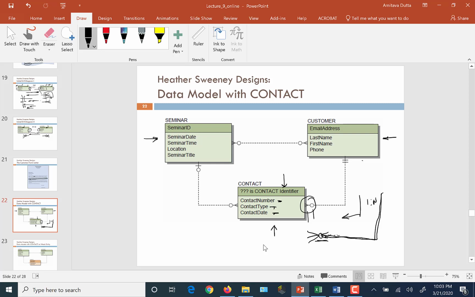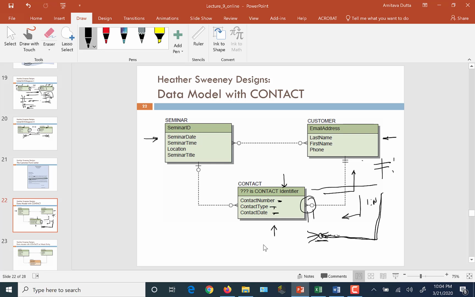Now if you go in the reverse direction from contact to customer, you look at the two cardinalities here, the at least and the at most. These are both ones. So if I start from contact, we'll say one contact. This could be a letter or a fax or an email, what have you. One contact is sent, so I'm starting from contact and going to customer.